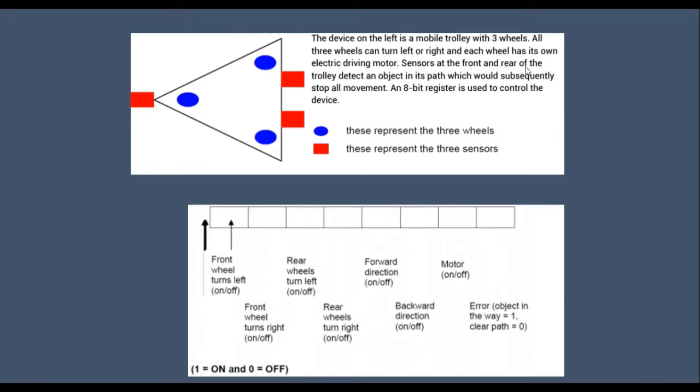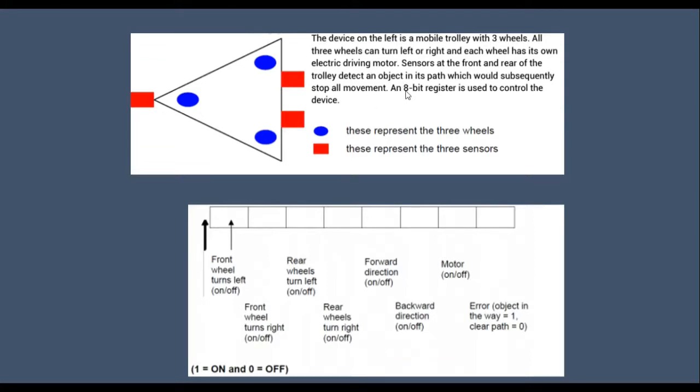Sensors at the front and rear of the trolley detect an object in the path, which would subsequently stop all movement. So these ones shaded red control 3 different sensors, which upon detection of an object may stop all movement.